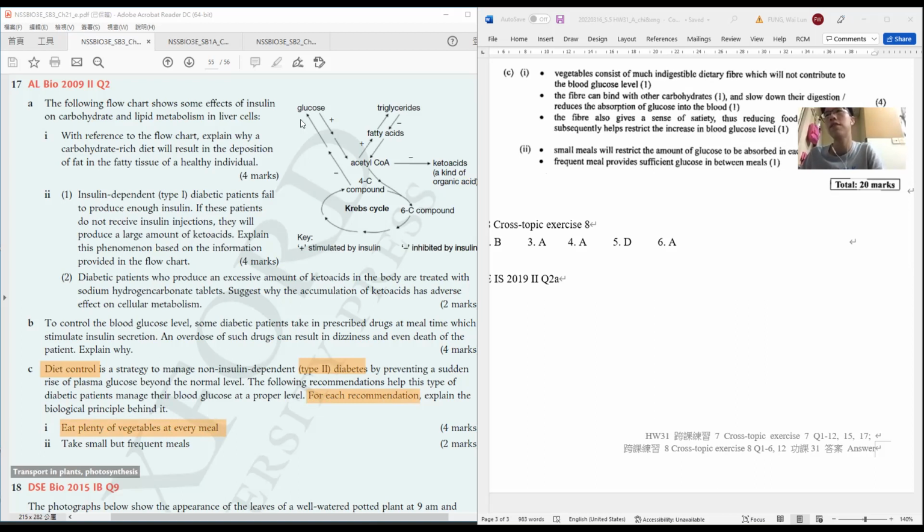So what's the effect? First point, vegetables contain lots of dietary fiber. They cannot be digested, so they will not contribute to the blood glucose level.